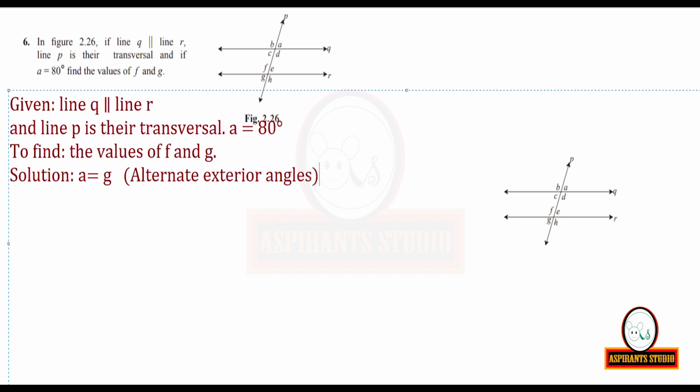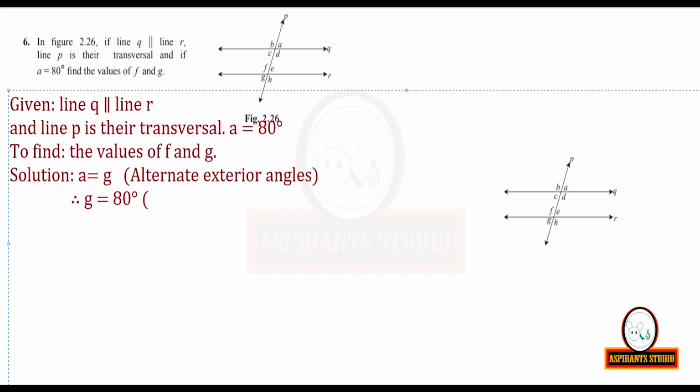Now, coming to the solution, A is equal to G because look at the figure, you have them to be alternate exterior angles. So, mention the reason like that. Alternate exterior angles are congruent. So, the measures are equal. So, we are getting A is equal to G. Therefore, G will be equal to 80 degrees because we are given that A is equal to 80 degrees.